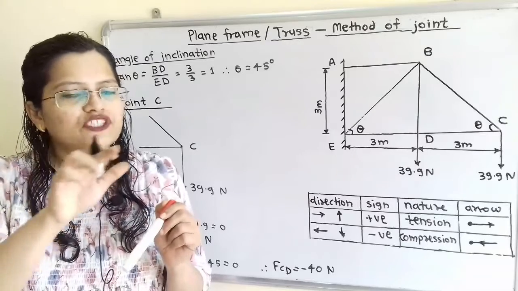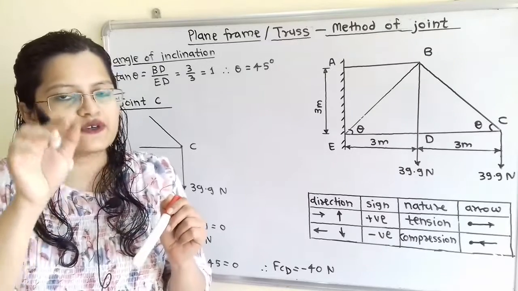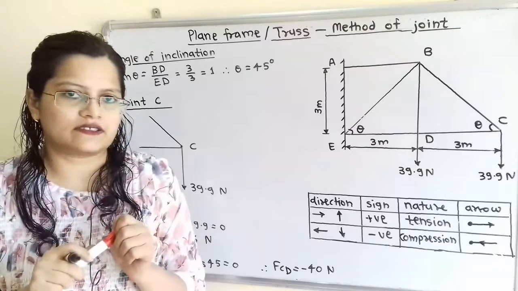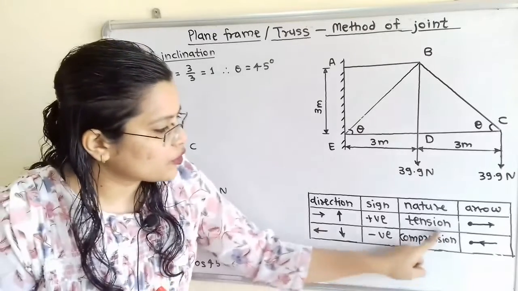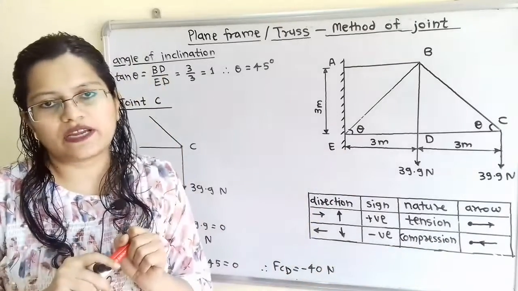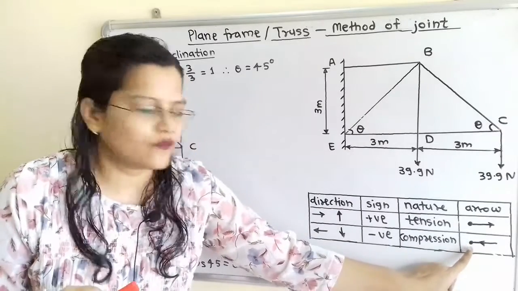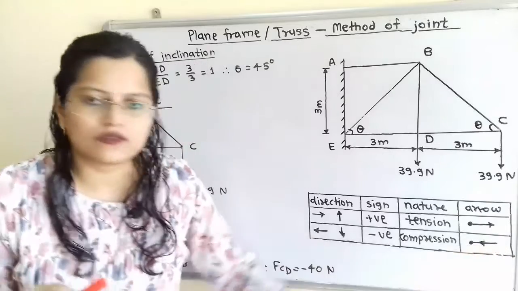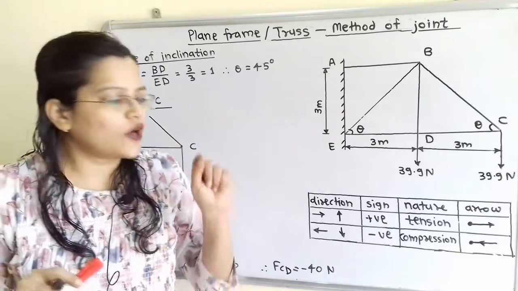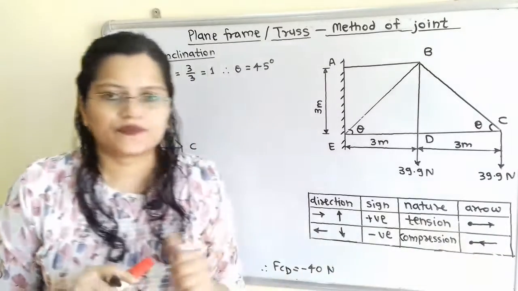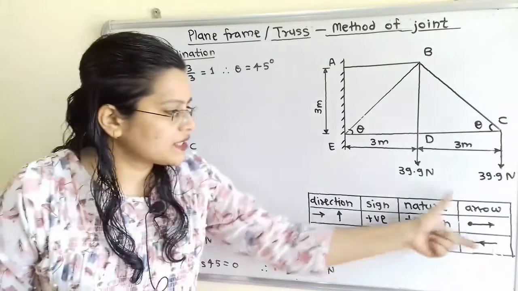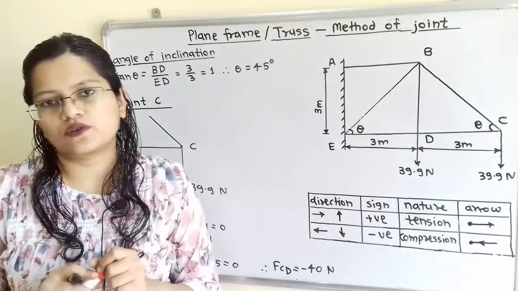And we have to mention for negative magnitude compression in the answer. And how to show in the diagram direction for that member. Suppose this is the joint, that is I have shown with the help of dot, and this is the member with line. Then we have to show arrow towards the joint. So this is important table, you have to note down.